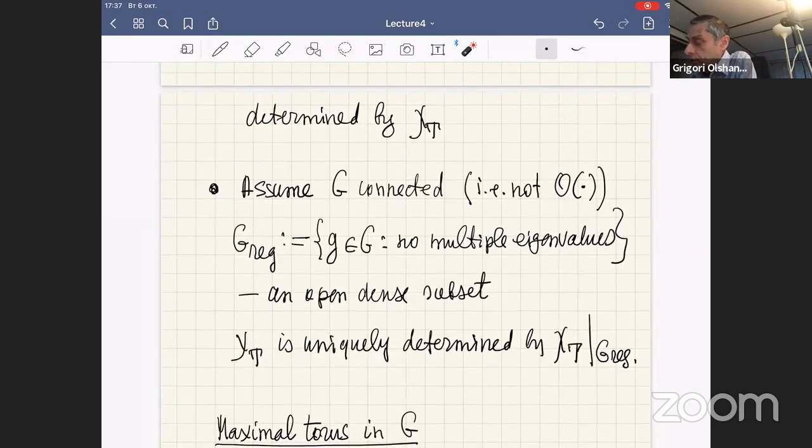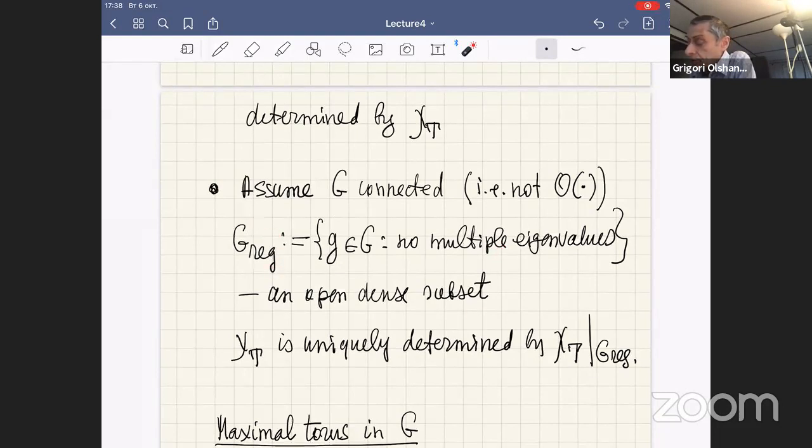Next, what we need. Assume that we take a connected version of G, so not the full orthogonal group, but the special orthogonal group. And denote by this symbol a subset. I will call it the set of regular elements: those elements which have no multiple eigenvalues. We are dealing with matrix groups, so we can consider the eigenvalues of these matrices.